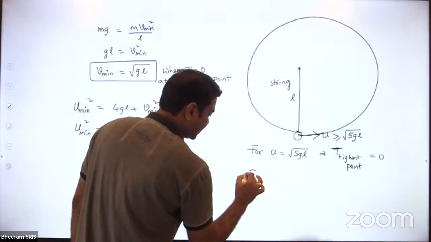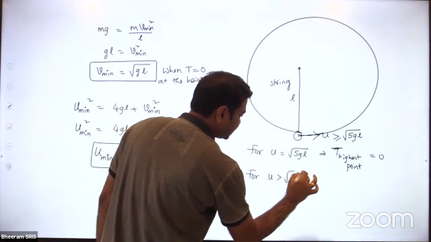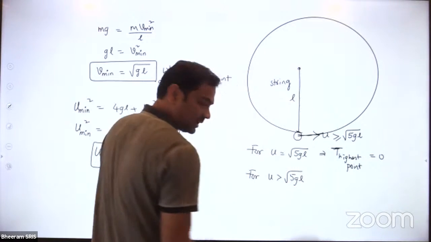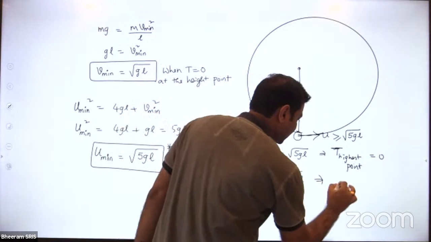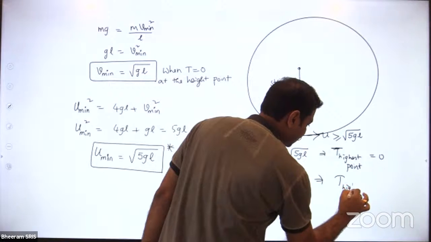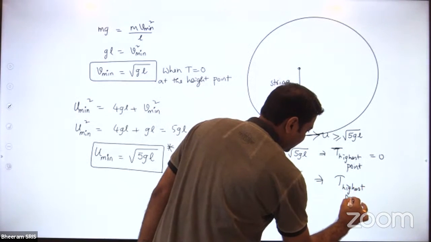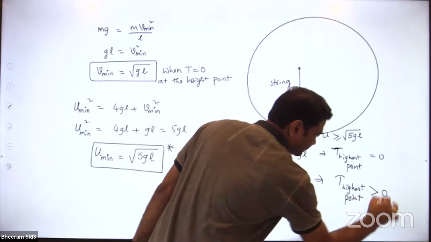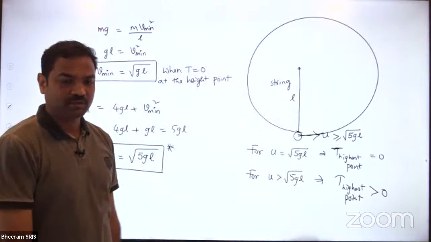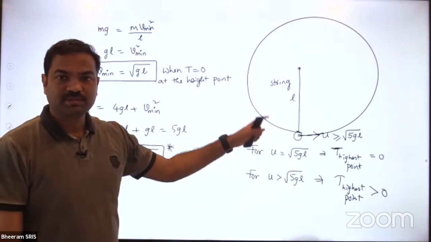For u value greater than root 5gL, tension at the highest point is greater than 0, and we'll see how to calculate it. Don't worry. Clear this part?